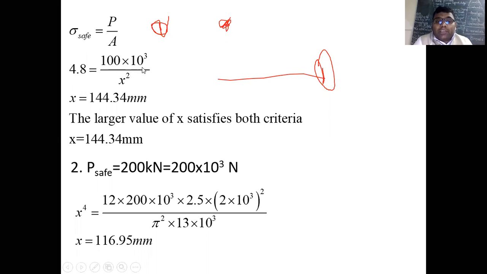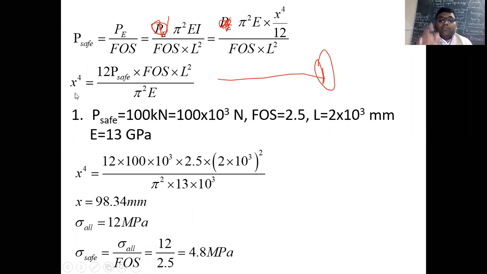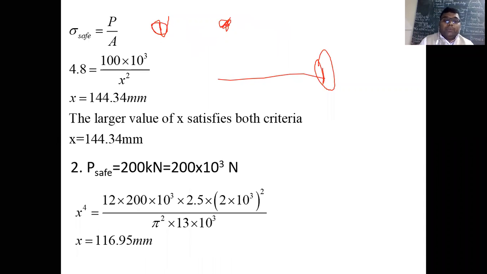So here you can also calculate the value of x. One, you calculate the value of x by using the Euler formula, and another you can calculate by using the sigma all. Sigma all is the stress developed in the cross section of the wooden beam. So by using both, you have calculated two values of x.